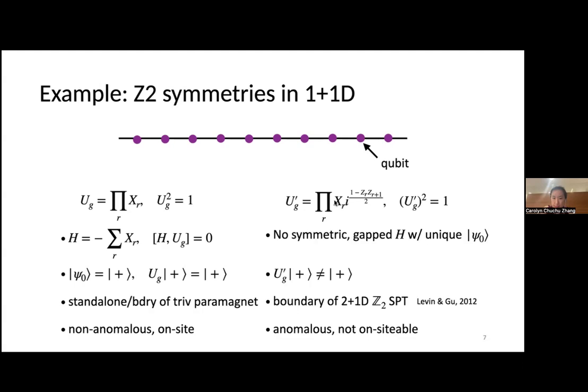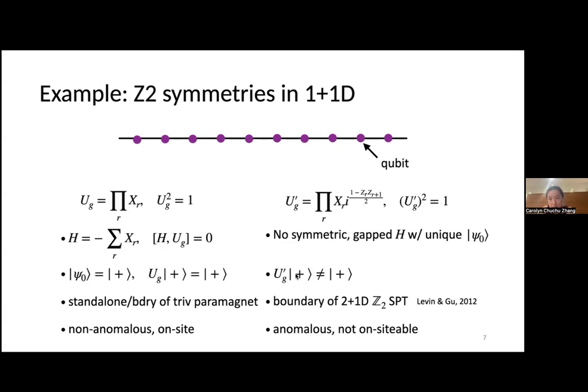However, on the right-hand side, no matter how hard you try, you would not be able to find a Hamiltonian that's symmetric and gapped with a unique non-degenerate ground state. So you can write down a Hamiltonian that's like a sum over ZZ, like the Ising ferromagnet, but that's spontaneous symmetry breaking. And this guy on the left side, this sum over sigma x, definitely won't commute with this symmetry. So there's no trivially gapped Hamiltonian.